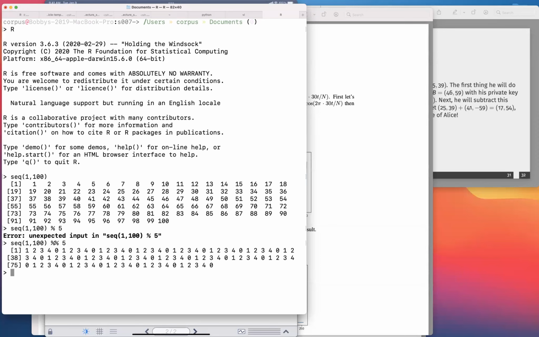Okay. So as you can see, in here the numbers are repeated: 1, 2, 3, 4, 0, 1, 2, 3, 4, 0. Now just imagine that this is the output of your Shor's algorithm, which is this one here.